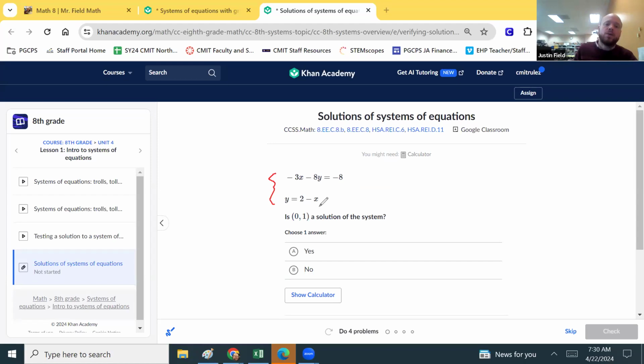Okay, so what we want to do is we want to know, is 0, 1 a solution of the system? So 0 is an x and 1 is a y. For 0, 1 to be a solution to this system, it means that if I substitute 0, 1 into either equation, it works.